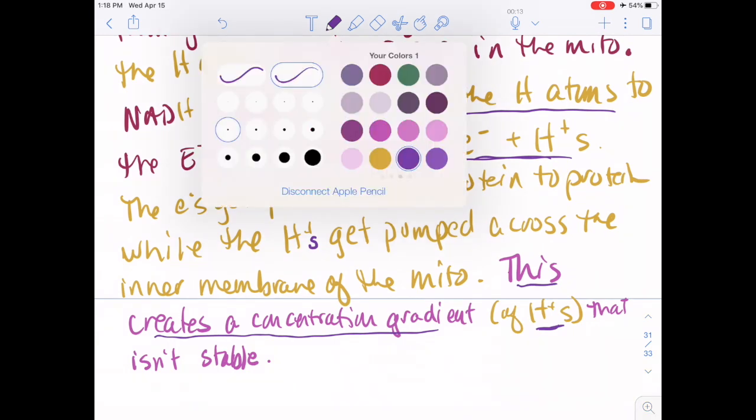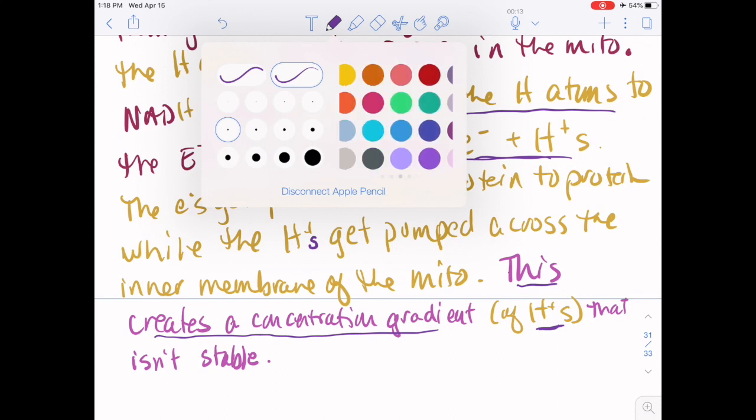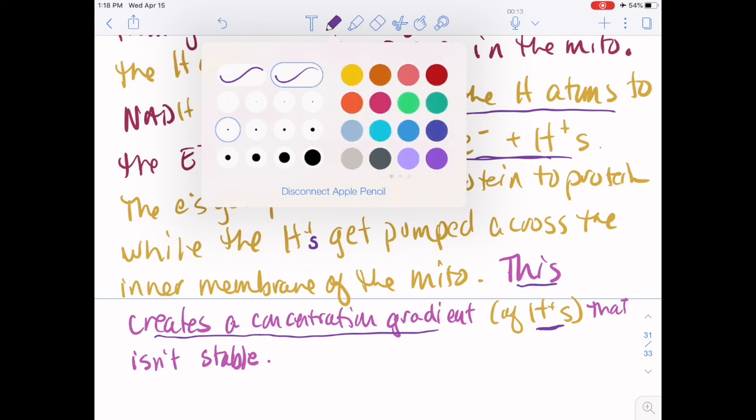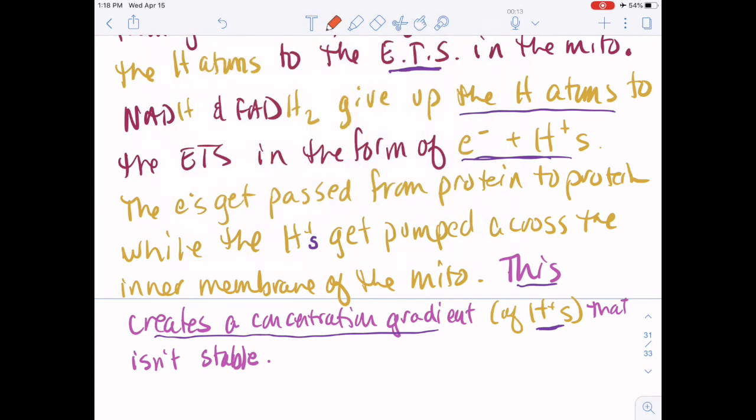And here's a super important sentence, so we need a special color for that. What's a color we haven't used that's really awesome? How about orange? All right.